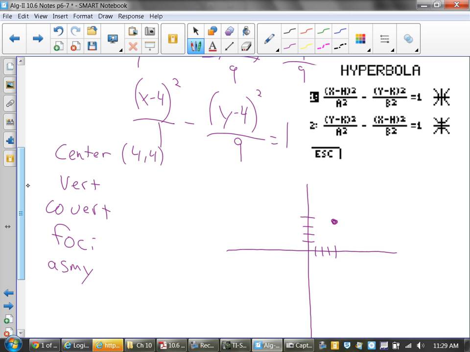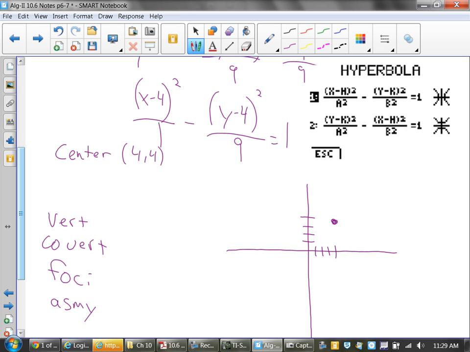I'm looking at this. What is my a squared value? 1. My a squared is 1. So a is plus or minus 1. B squared is 9, so b is plus or minus 3. C squared is going to equal how much? Hold on here.